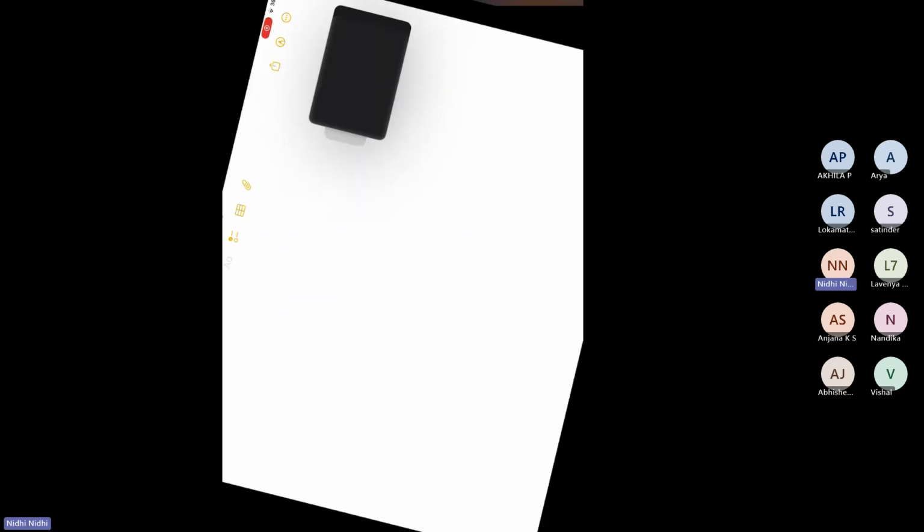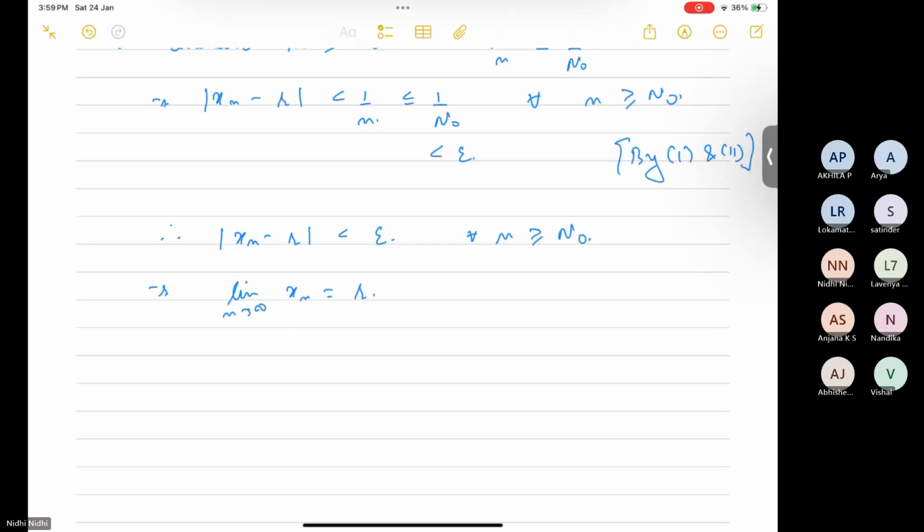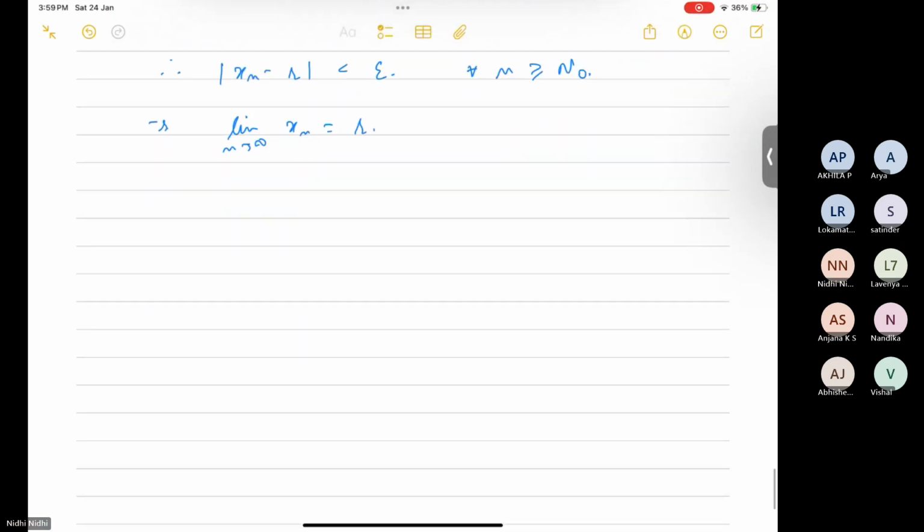Okay. Next we have the concept of subsequence. Let's see question number 3.